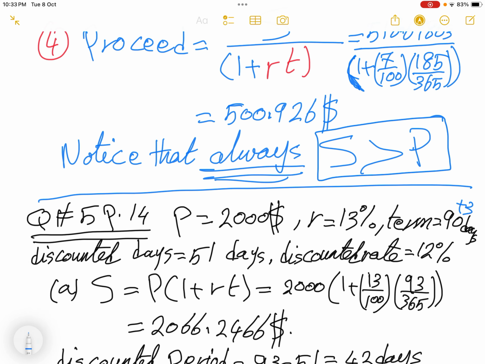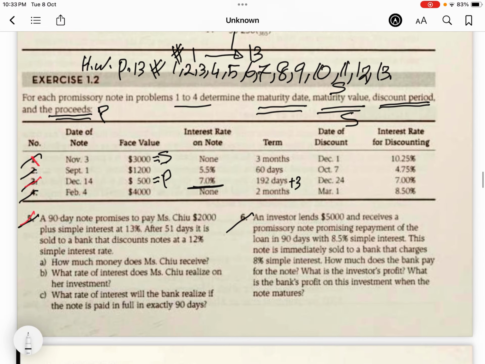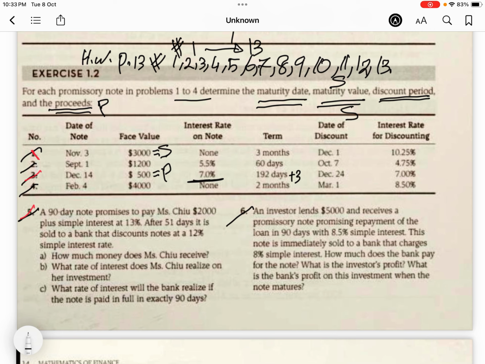For question number 5, here we will have a 90-day note promising to pay Mrs. Chewy $2,000 plus simple interest at 13%. After 51 days, it is sold to a bank that discounts the note at a 12% simple interest rate.